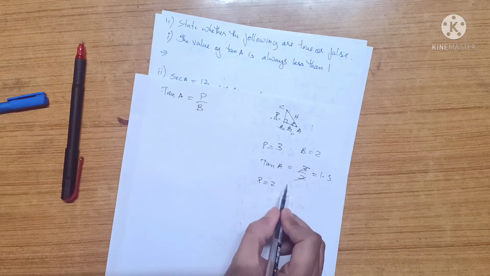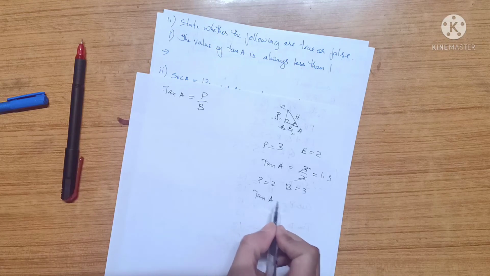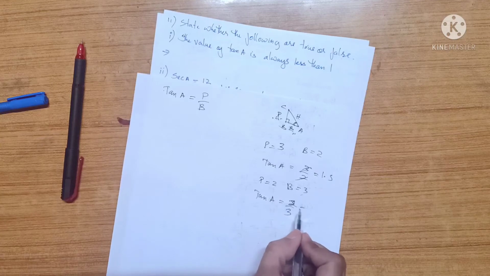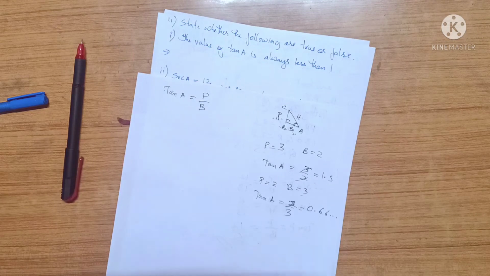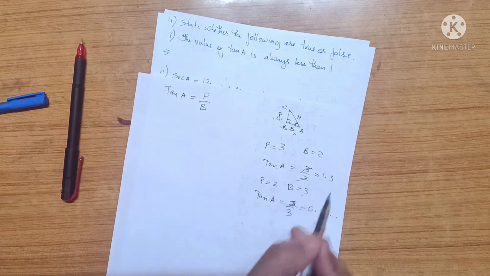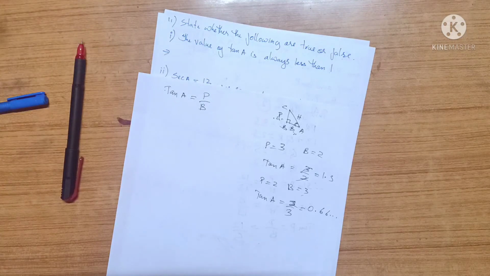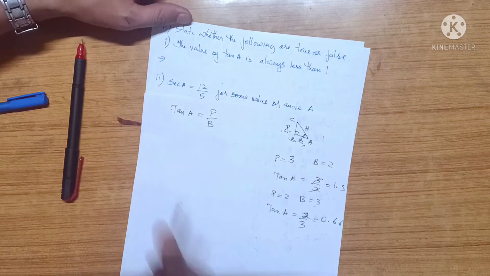But if perpendicular is 2 and base is 3, then tan A will be 2 by 3, which is 0.66 and so on. So 0.66 is less than 1, 1.5 is more than 1. We cannot actually say whether it's going to be less than 1 or more than 1.